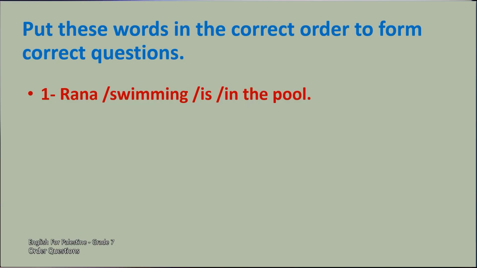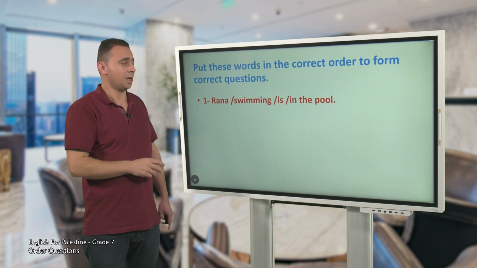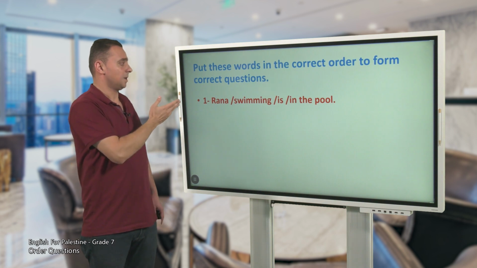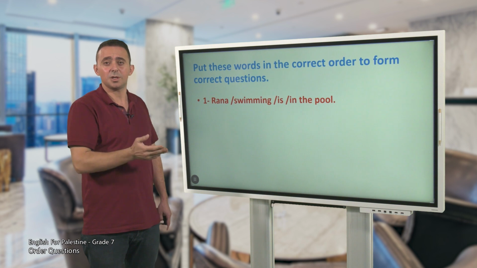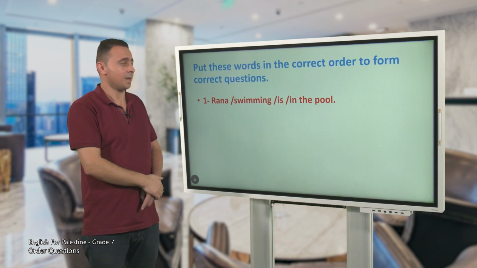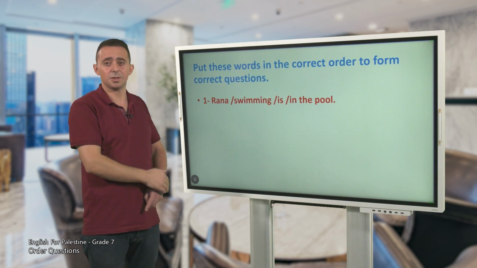Number 1, Rana, swimming, is in the pool. We have words. We are going to put them in order to form a question. What do you think, students? Is it a yes-no question or a WH question? Very good, it's a yes-no question. Why?